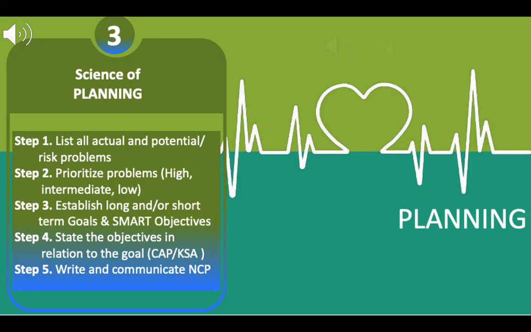And after prioritizing, we then establish goals, either long-term or short-term, and then later on set specific objectives, SMART objectives: specific, measurable, attainable, realistic, and time-bounded objectives that aim to achieve the goal that we have established. The objective should be stated in relation to the goal. And then the last step is to write and communicate the nursing care plan.